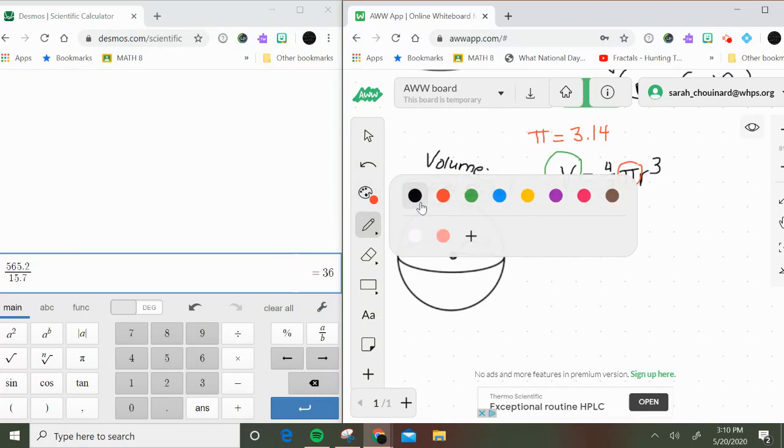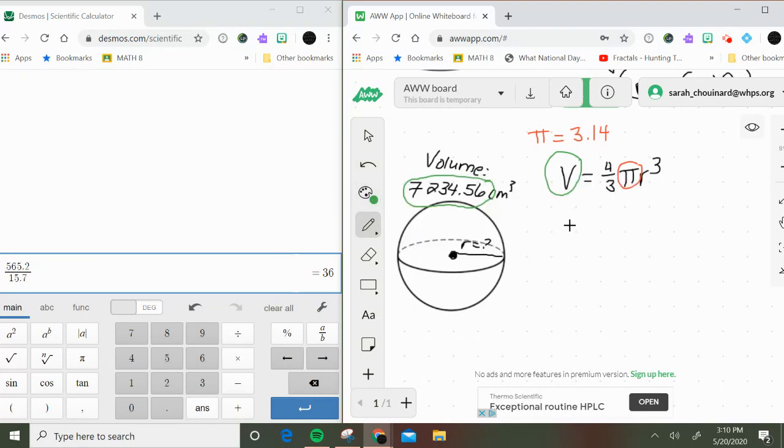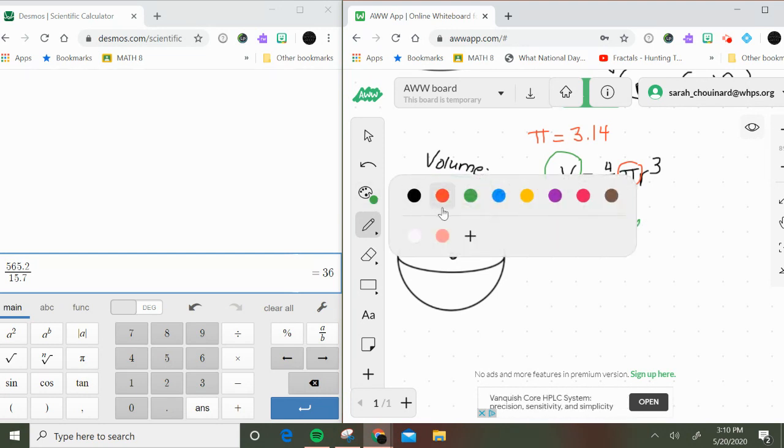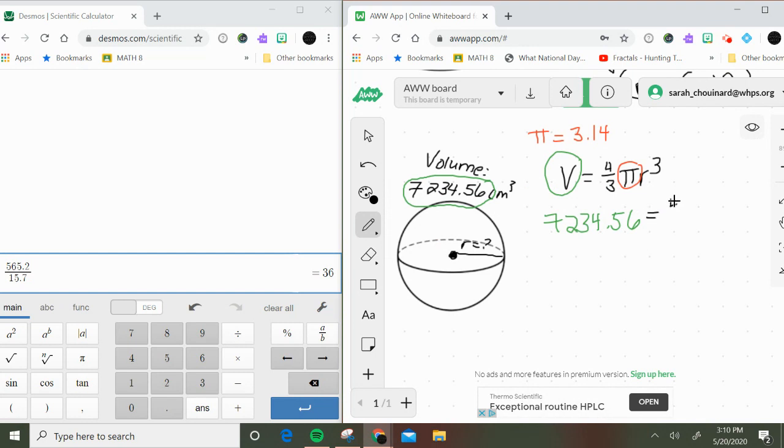And so let's see what we get when we plug those values in. So 7,234.56 is equal to 4/3 times the value of pi we're using, which is 3.14, times the radius cubed for a sphere.